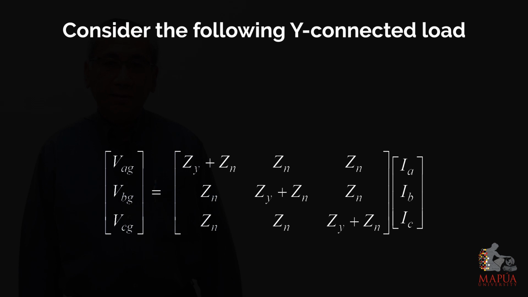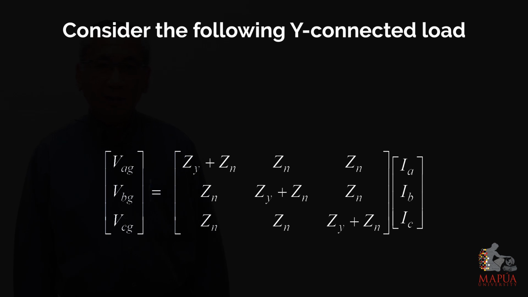Now, having our knowledge about matrices, the voltage matrix is equal to the impedance matrix multiplied by the current matrix, and likewise by Ohm's law, voltage is equal to the current multiplied by the impedance. Likewise, the sequence voltage is equal to the A matrix multiplied by the phase voltage, and similarly for the current, the sequence current is equal to the A matrix multiplied by the phase current.